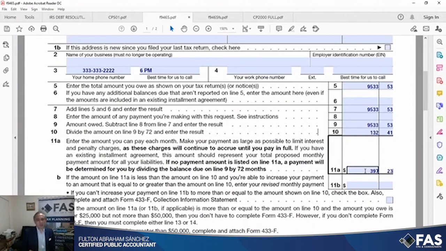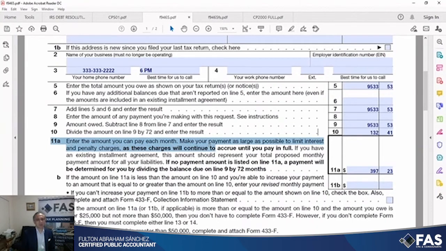That's why it's very important that you make your installment agreement with the lowest number of payments possible. So 397. In this case, enter the amount you can pay each month in number 11A.